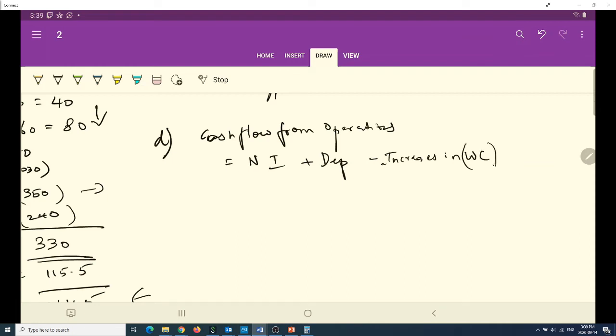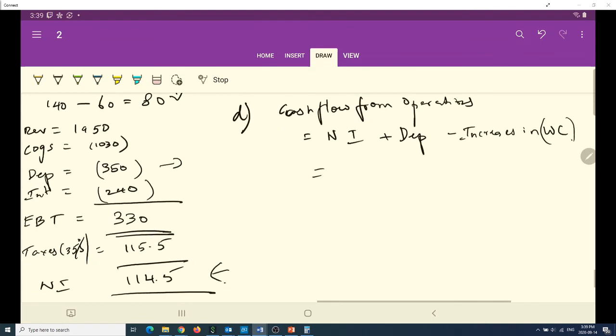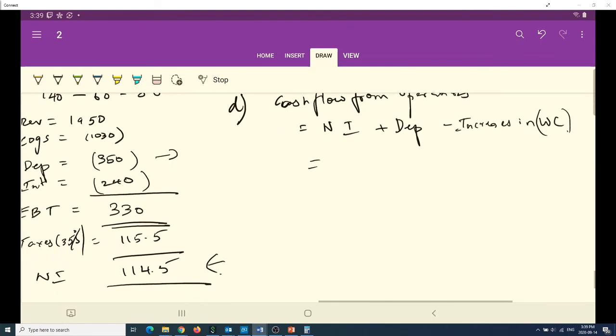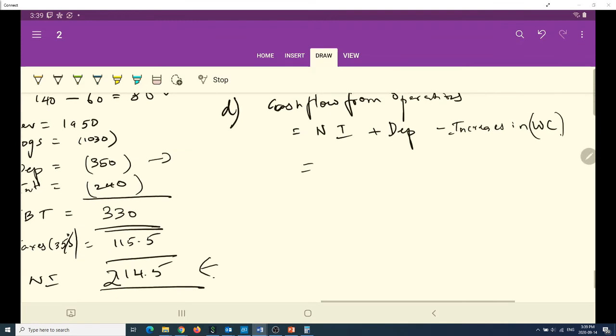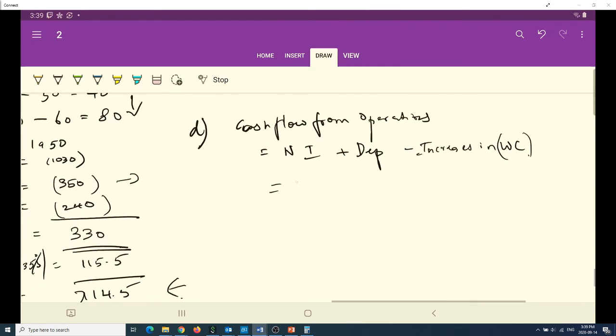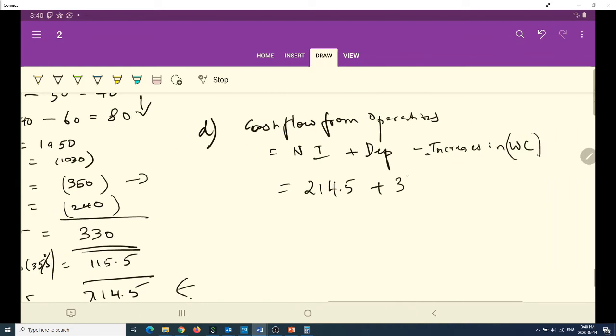Okay. So net income was 214.5. Add back depreciation, which is 350.